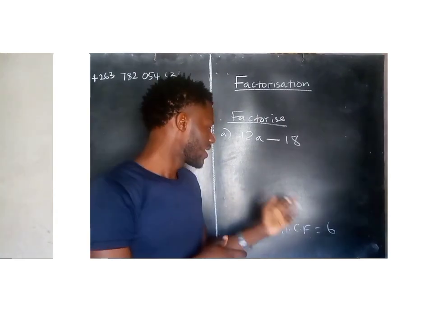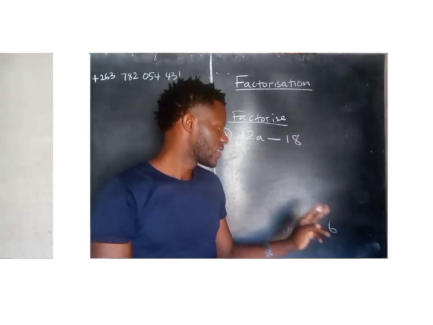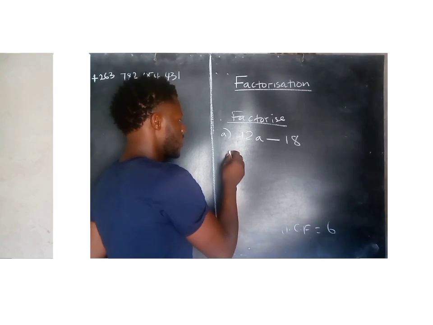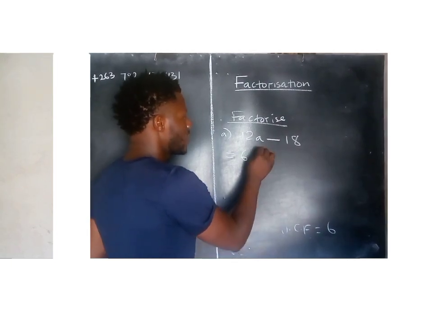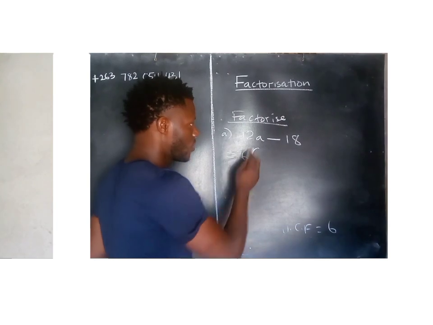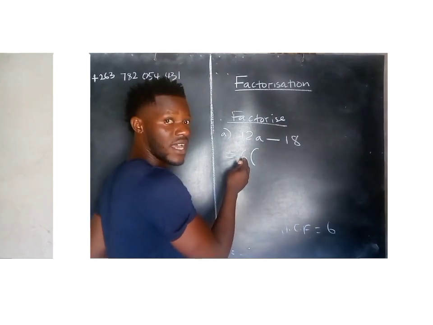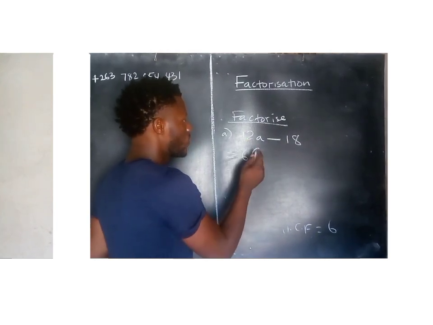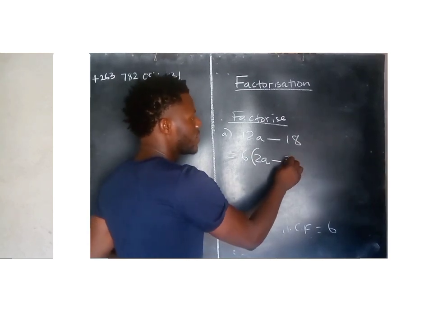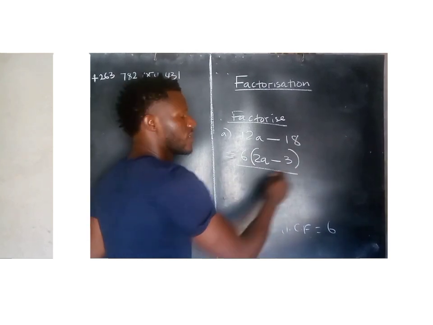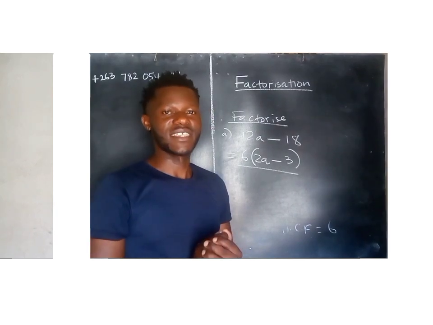As we illustrated before, the highest common factor was 6. So what you do is you factor out the highest common factor, 6, outside brackets. Then you divide both terms by the highest common factor. 6 into 12, you get 2a, minus 6 into 18, you get 3. As simple as that. That's factorization.